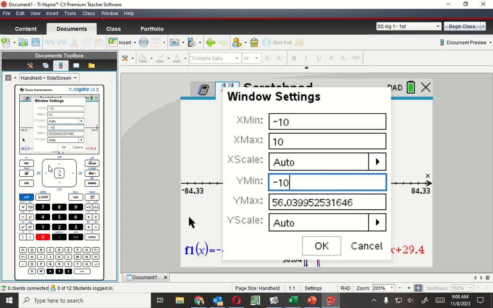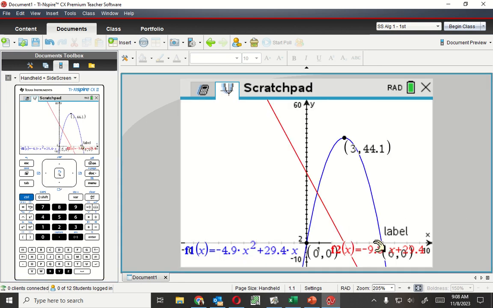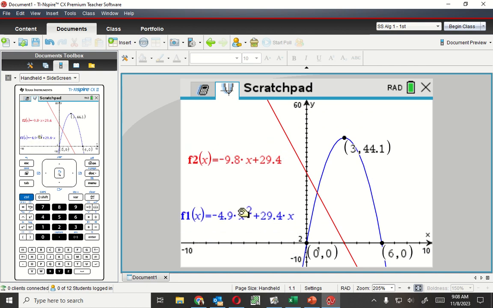I don't need to go below the line very much, but I do need to go up. So yeah, 60 is okay. I already know what the graph is, so I'm just changing it so I have a better view. There we go.